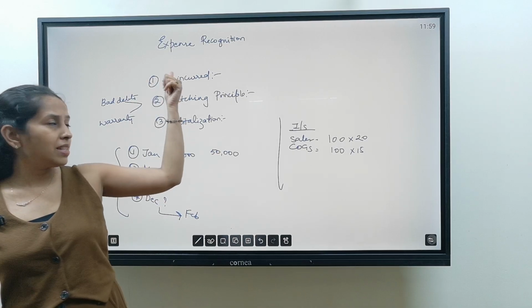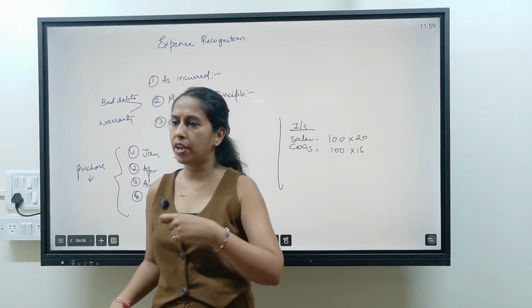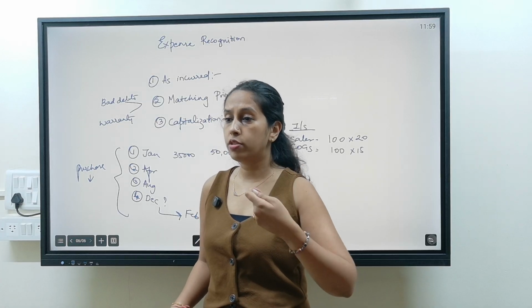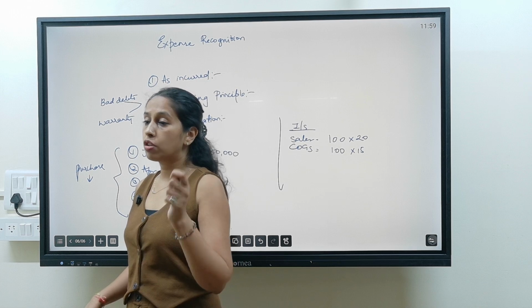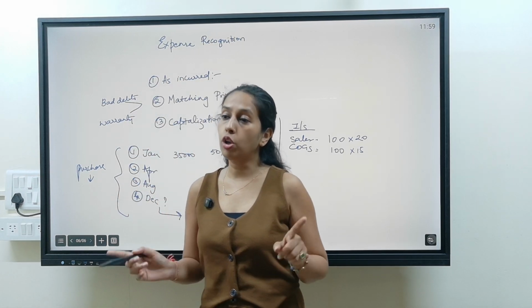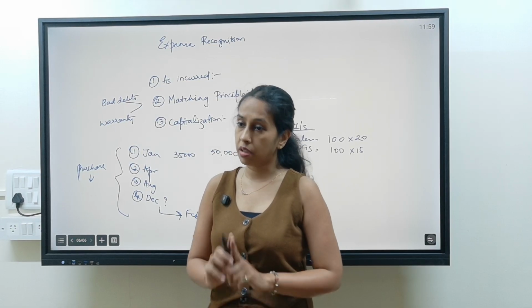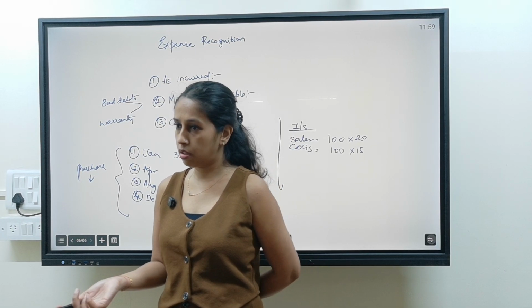So one is expense as incurred, like your advertising expense, salary expenses, rent, electricity; all of those are expense as incurred. The matching principle is whatever is the cost associated with the revenue that you have generated that year, you will record all of those in the same year, even though you've still not incurred those expenses.